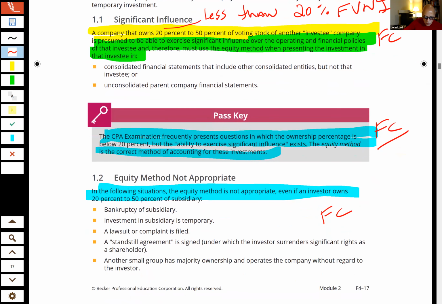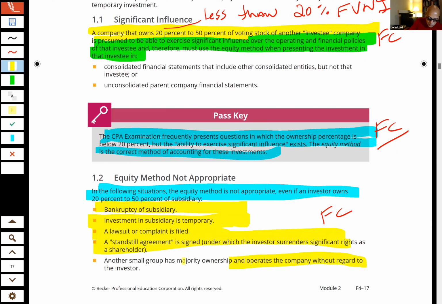So let's flashcard some of those because that's sort of the trick. They're going to try to trick you into using the equity method all the time when you're beyond that 20% or more threshold. But then they'll say something like you're in bankruptcy, or the investment in the subsidiary is temporary. There's a lawsuit, a standstill agreement.